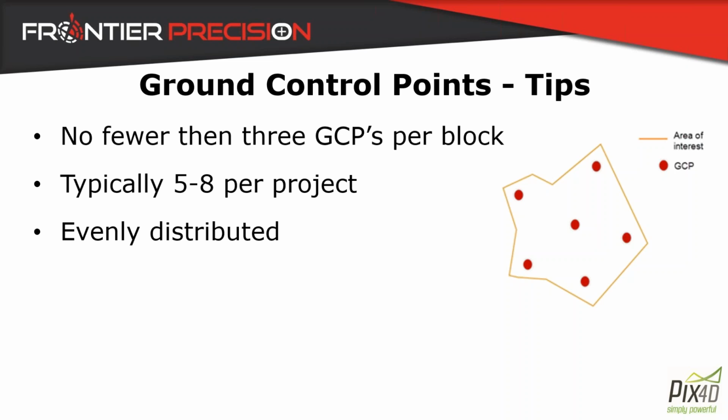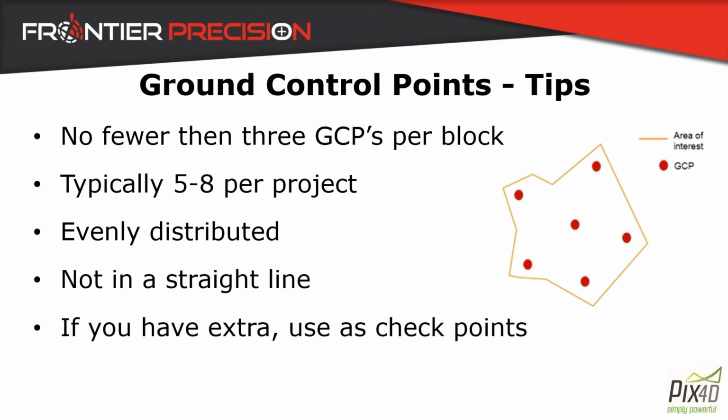We want to have some on some of the high points and some of the low points, just so we have more references to tie things together. Definitely do not lay them out in a straight line. That's going to give you problems. And if you have extra ground control points available, you can definitely then use some as checkpoints, which is nice to be able to verify that your data looks good.